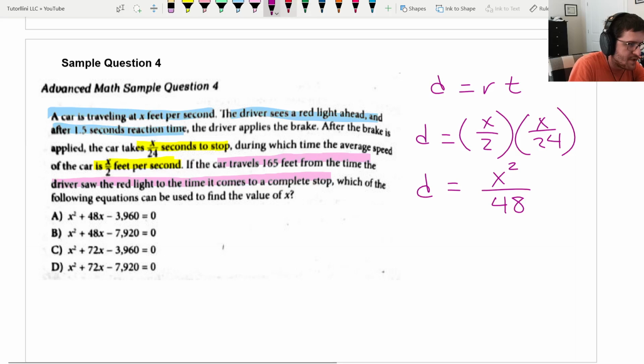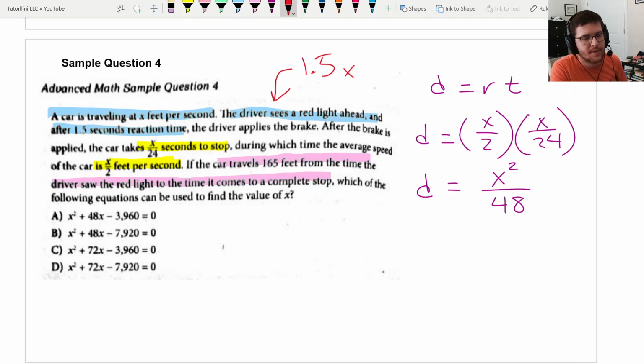So this term is 1.5x distance. So 1.5x is the distance he travels while he's reacting to the red light. And then the x squared over 48 is like the time from when he hits the brake to when he stops.